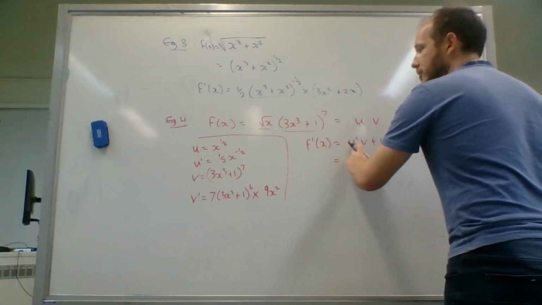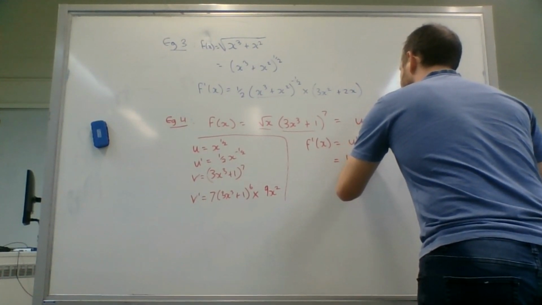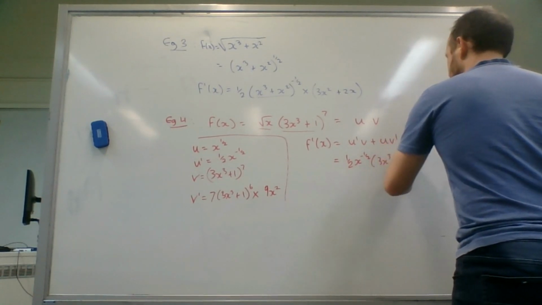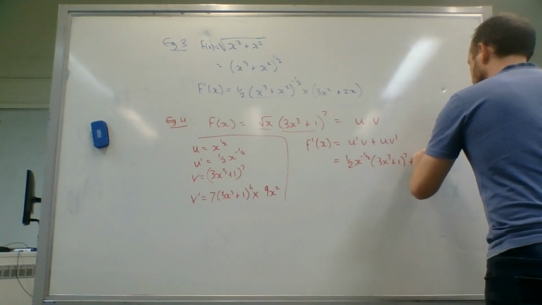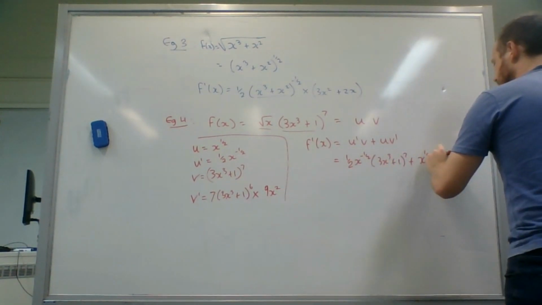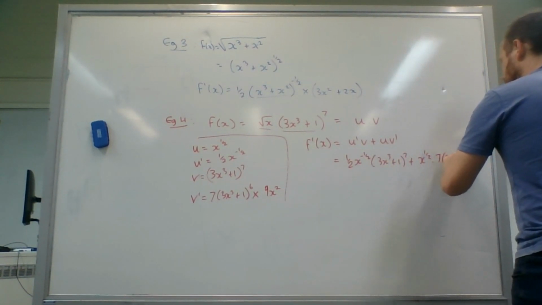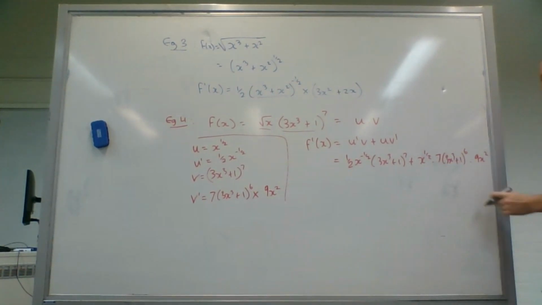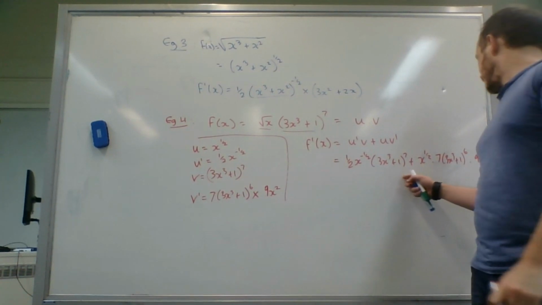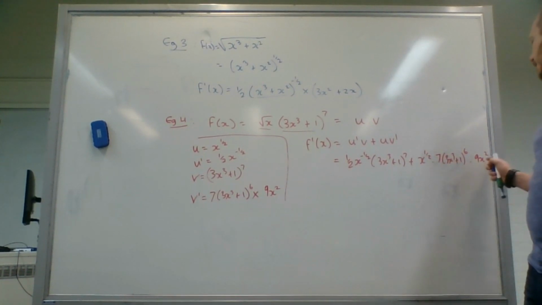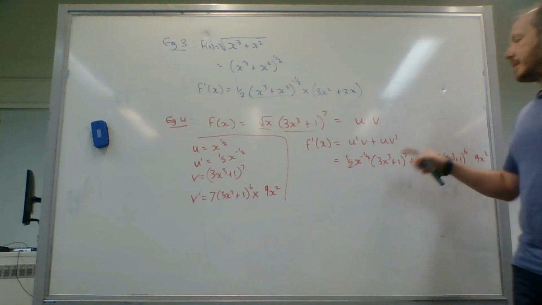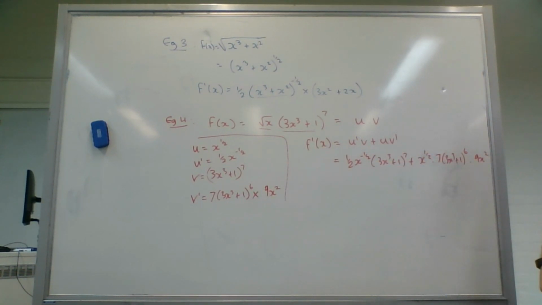So it'll look like this. u dashed, half x to the minus a half, times v, plus u times v dashed, which is 7, 3x cubed plus 1 to the 6 times 9x squared. And again, it's quite long and messy, but at this point, I'm not fussed if you leave it this way. Obviously, you could simplify some of these. You've got the 9 and the 7, you've got the x and the x squared and x to the half. But at this point, I'm happy if we can just find the derivative function.